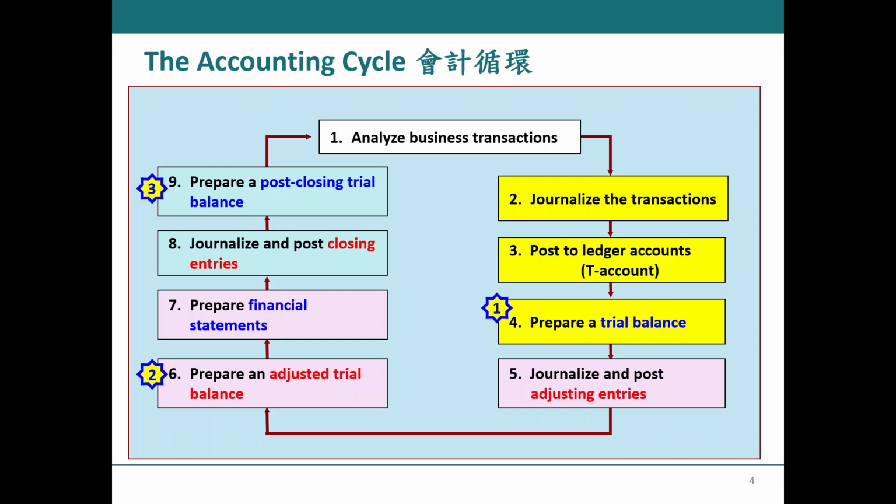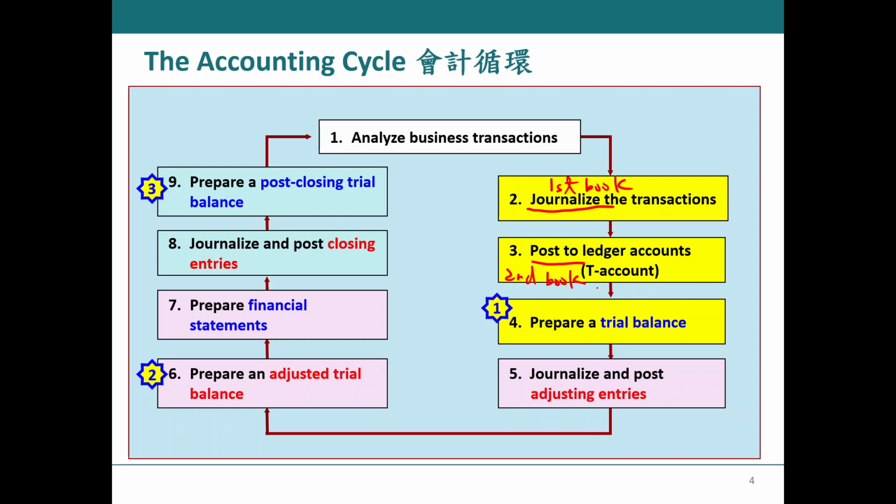And what's next? After we understand the effect, we record on 2 accounting books, right? So we journalize, record on our first accounting book, and post to our second book, the T account, right?